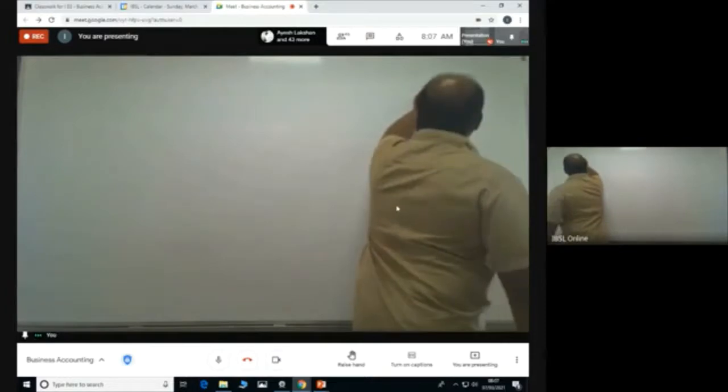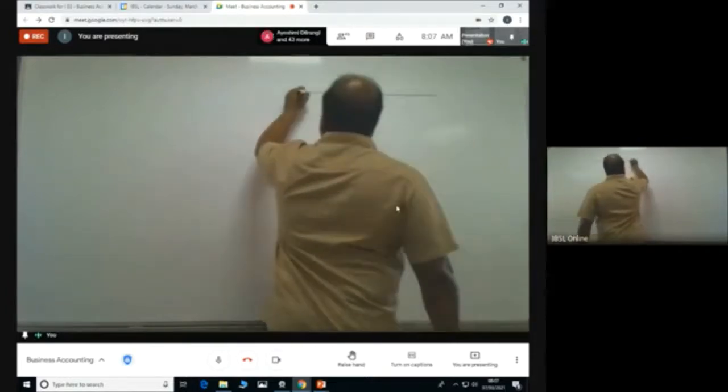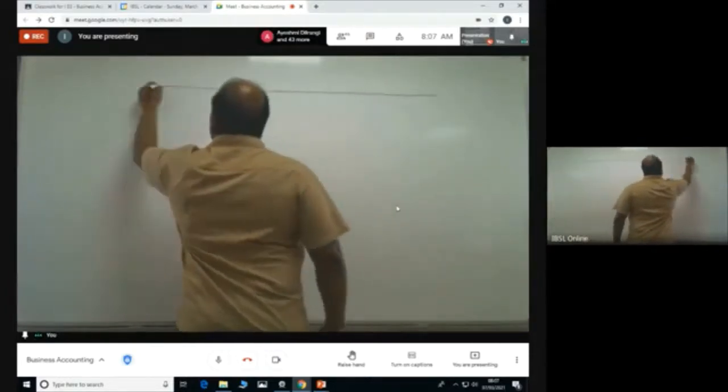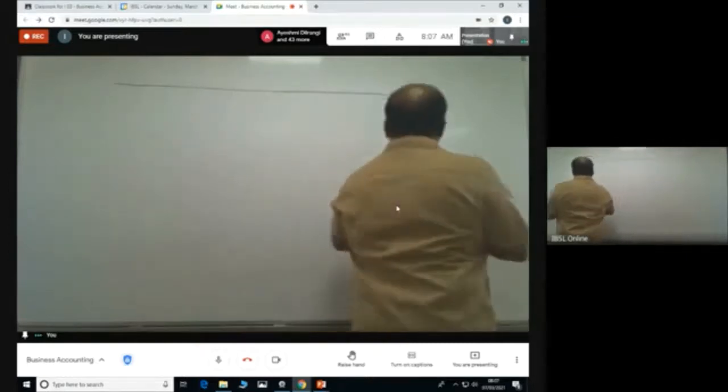Those are totally different methods where you have to keep a track of what came in first, what went out first, what came in last, and what went out last. Those are very important. But when it comes to the weighted average cost method, we are not bothered about those things. So we will stick to a similar format to what we used.